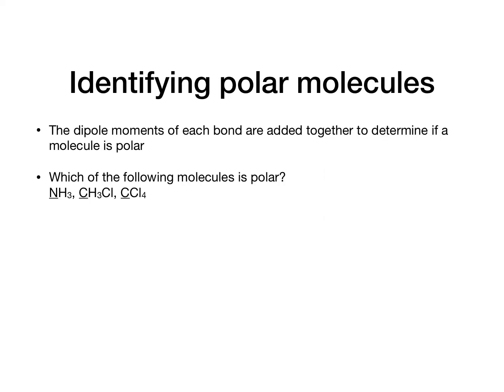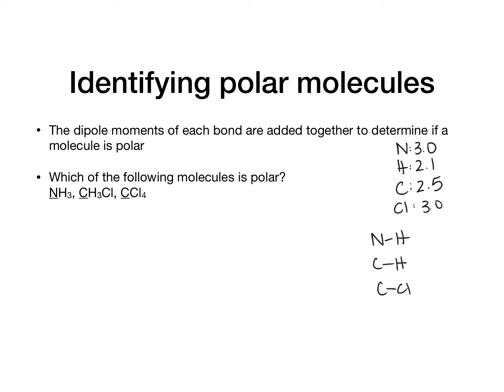So if we look at these compounds, NH3, CH3Cl, and CCl, the electronegativity values for these elements are found in this table. So we can actually start to look at these and determine which of these bonds are going to be polar. So let's start by asking that. NH, we're going to have a CH, we'll have a CCl.